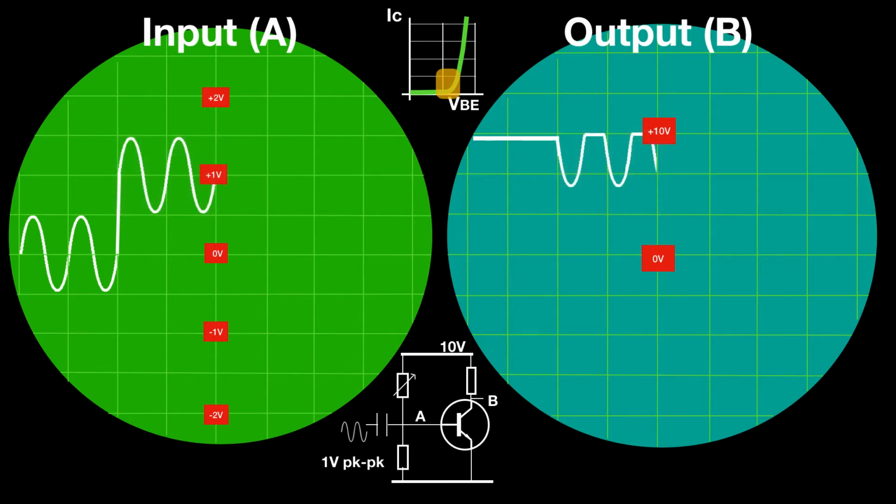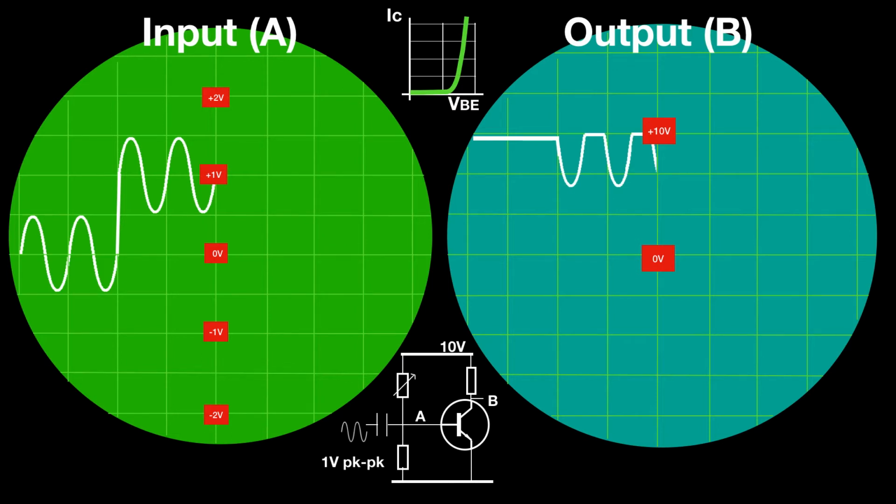So, looking at point B, we're seeing that initially we have the full 10 volts. And as the transistor is driven into conduction, current will flow through the load resistor, the collector resistor.